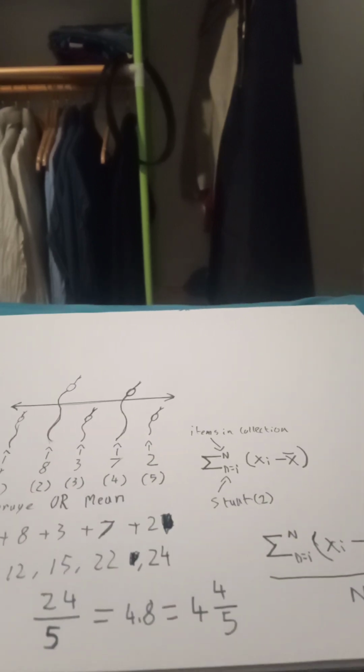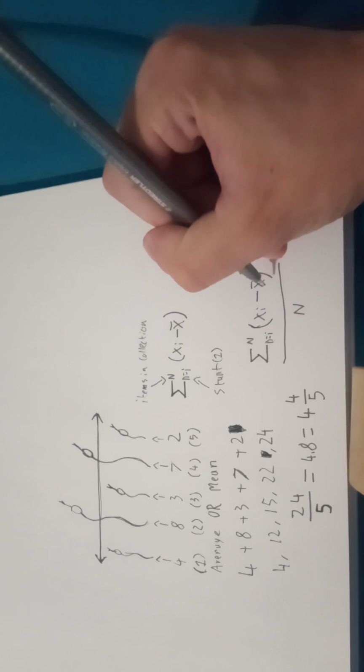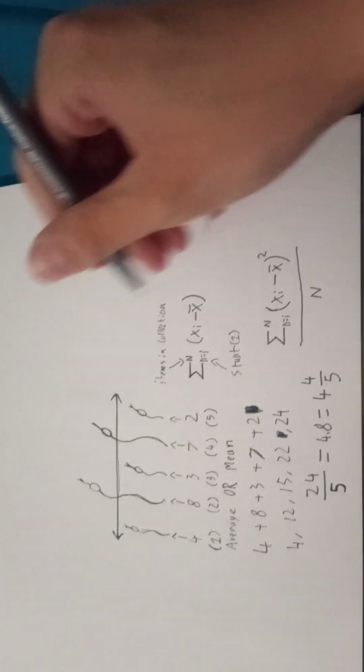So if we actually do this with our collection, our average was 4.8. So what we've got to do is, I'll just move my camera slightly because this is probably not too easy to see. We know this average, we worked it out earlier, okay?